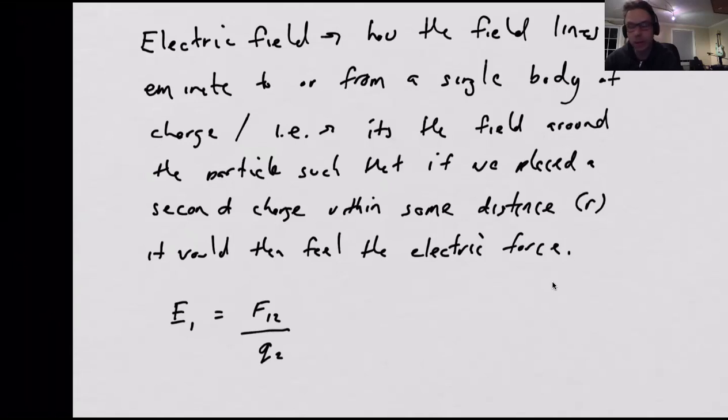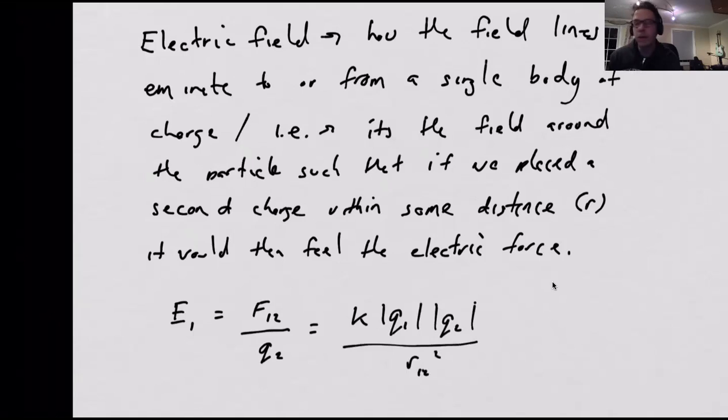Well, let's just take that one step further. We know what the definition of the force between two particles would be. It would be K, magnitude Q1, magnitude Q2, divided by the distance between them, r12, squared. And if we were then dividing by Q2, that would put a Q2 down here. And what do you know?